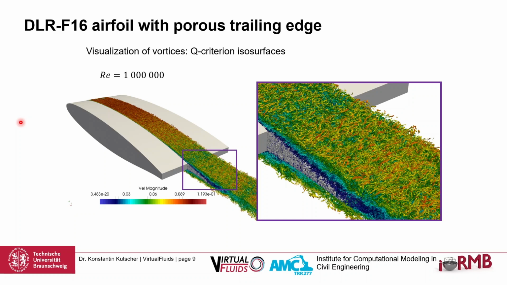And DLR developed this airfoil, the so-called DLR F-16, with a porous trailing edge. It consisted of porous aluminum. You can imagine it as a special material.